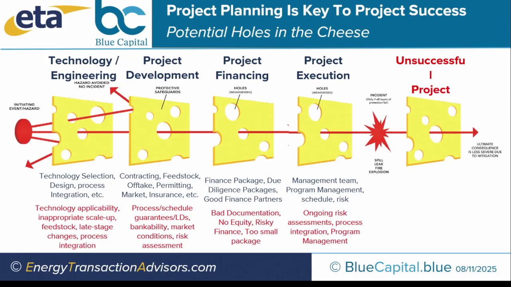And so once you get all the money in the bank, once you get your project funded, you have to execute. You still have to build it, start it up, commission it, and move into operations. And that's, as we know, no trivial task. So that's where your layer of protection there is a solid management team. It's good program management, and again, it's continually updating risks. We talk about project risks.